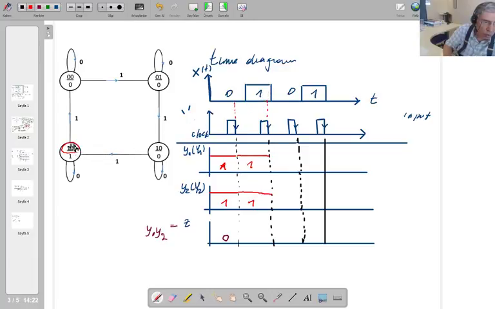Present state is 1, 1, your input is 1, your next state is 0, 0. So my present state now is 0, 0 for this pulse. For this pulse, this is the next state, and for the next pulse, this is the present state.